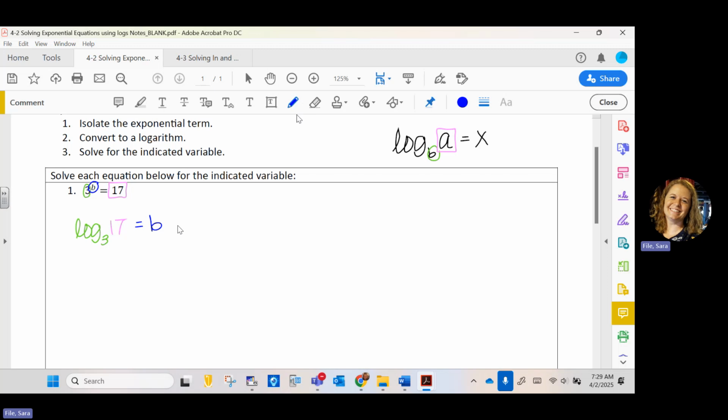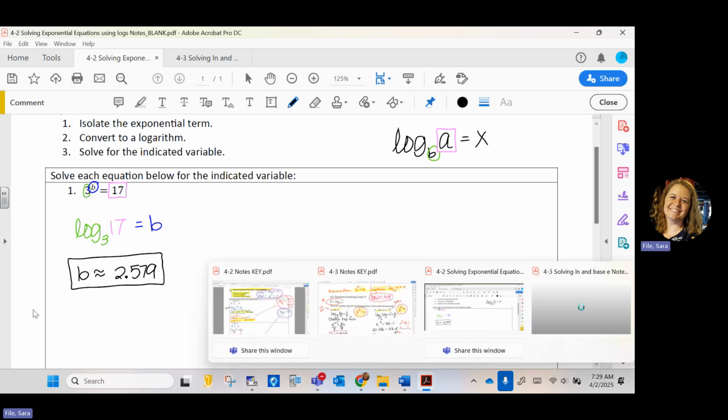If you plug this into Desmos, it comes out to approximately 2.579. And when you're practicing in Delta Math, that's what they're going to be looking for.